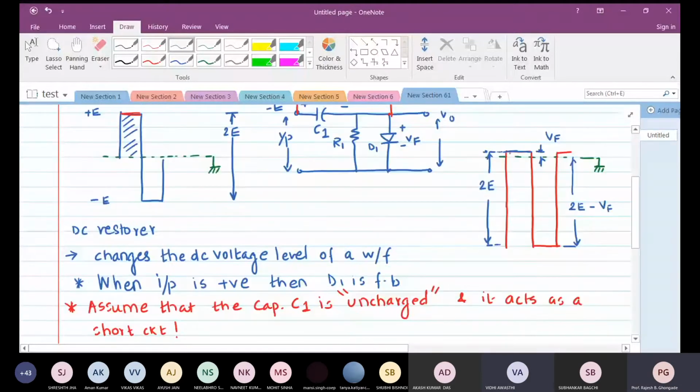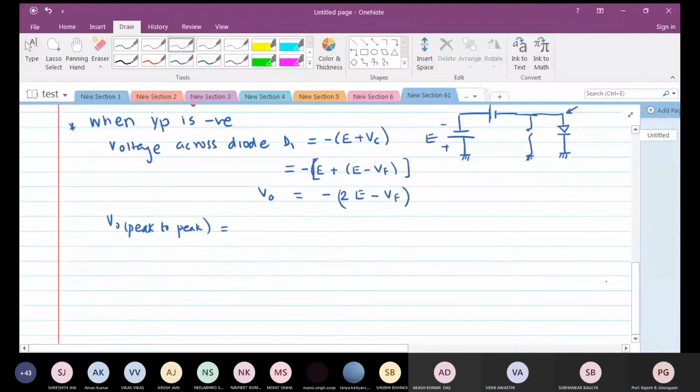First of all, what is the value during the positive cycle? VF, isn't it? And what is the negative peak value? So it is minus 2E minus VF. Remember, this is negative.